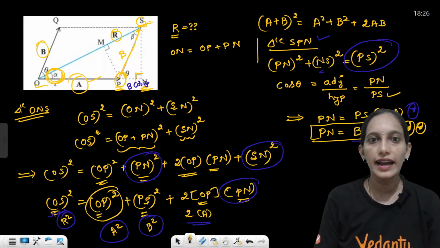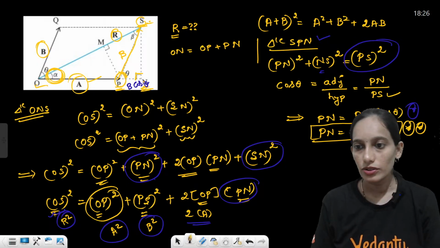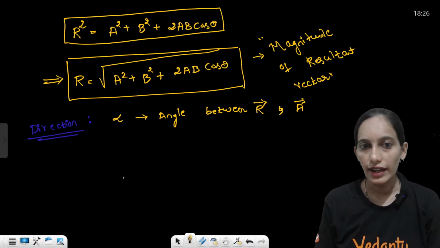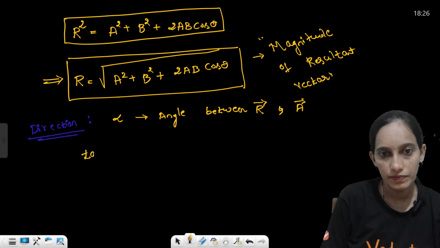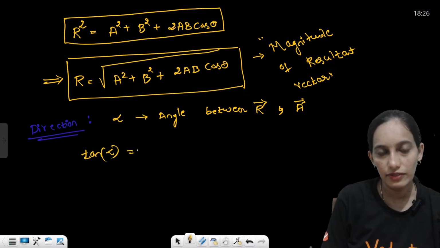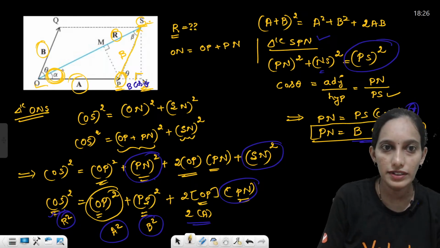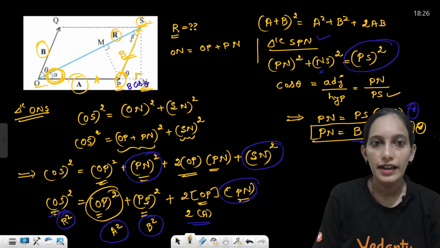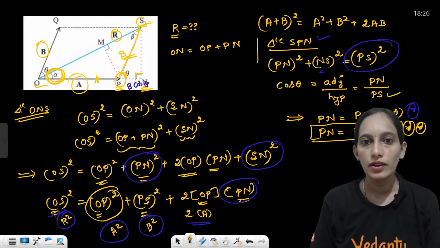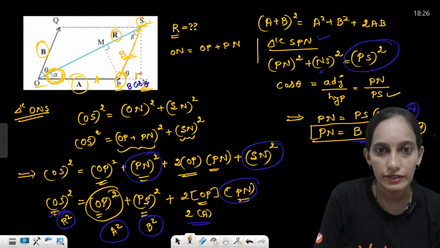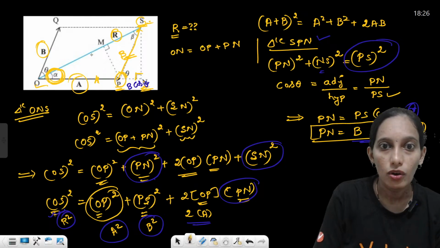Now if I write tan alpha, observe the diagram. We have to consider the right angle triangle OSN.